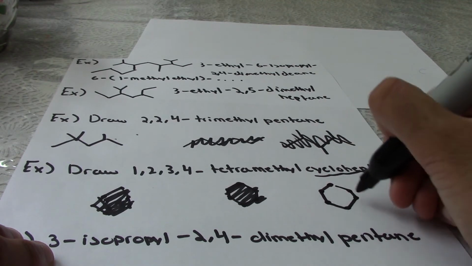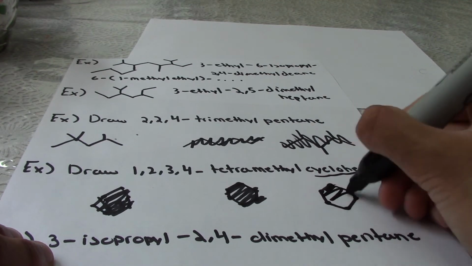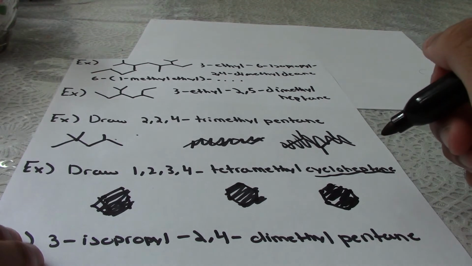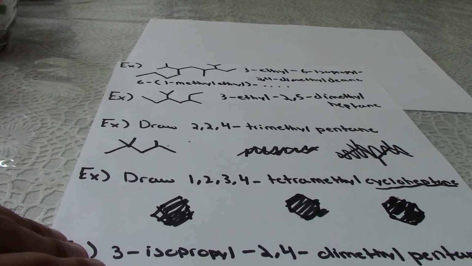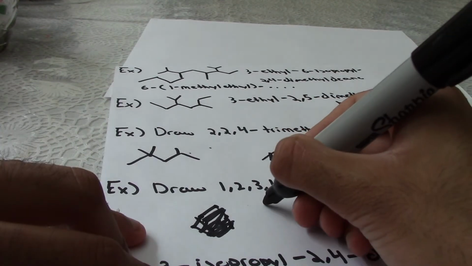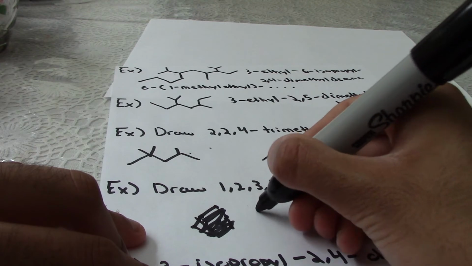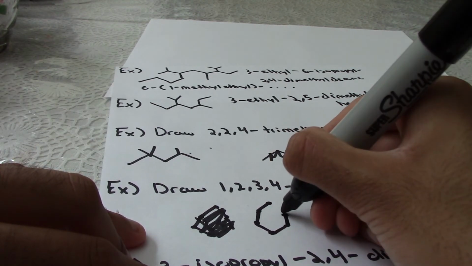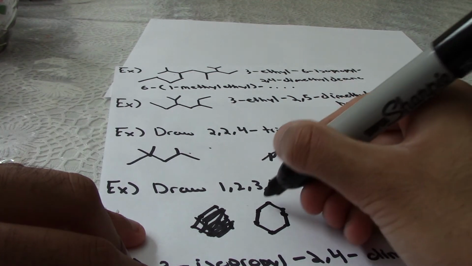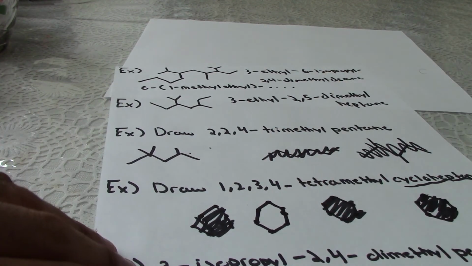Let's try this one again. I'm sorry guys, this is really hard to draw. Okay, let's try this one last time. 1, 2, 3, 4, 5, 6, 7. That's the best I could do.